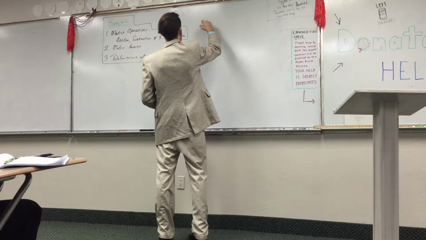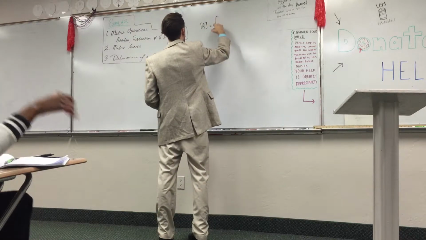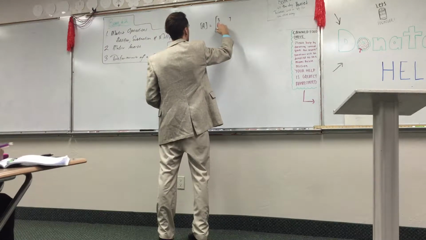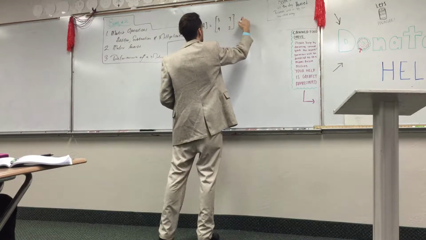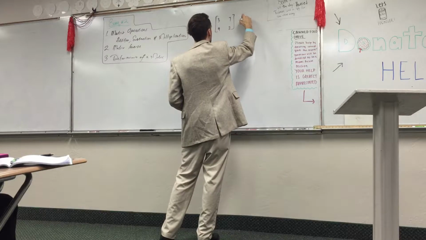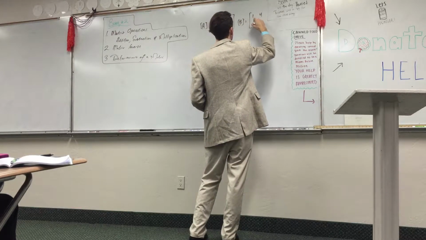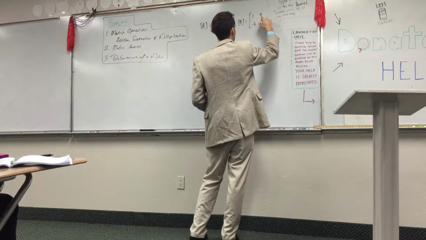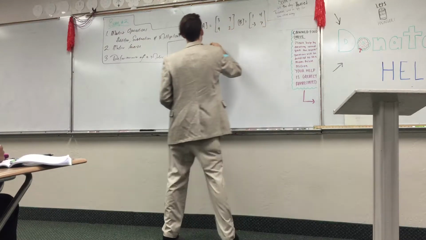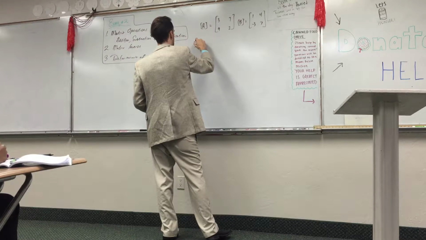So matrix A equals 3, 7, 9, 2. And some matrix B, which equals 1, 4, negative 3, 7. And I say, find these 3 things.